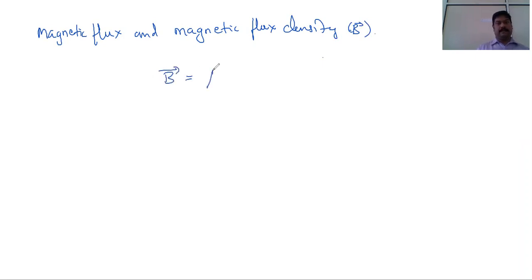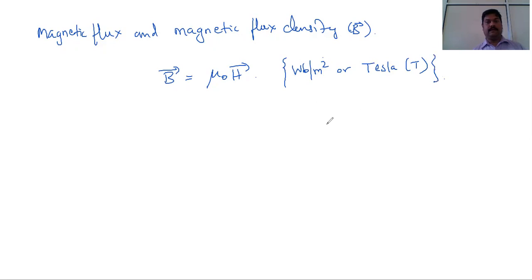We have seen this earlier, that magnetic flux density B is mu naught into H. It is measured in Weber per meter square, or we can say Tesla. These two are equivalent units for magnetic flux density B, where mu naught is nothing but the permeability.